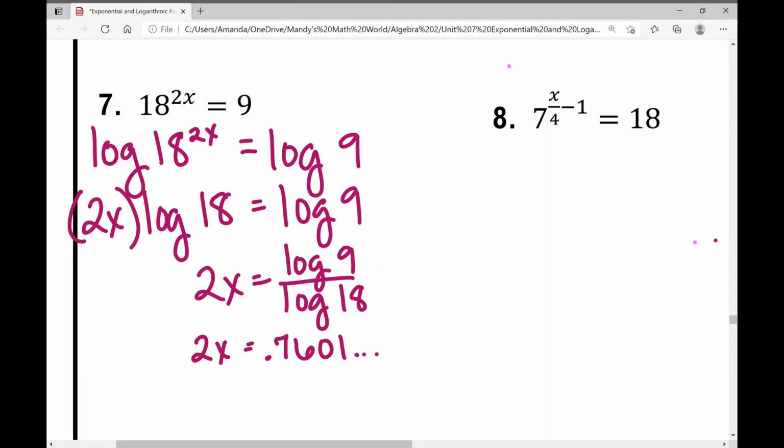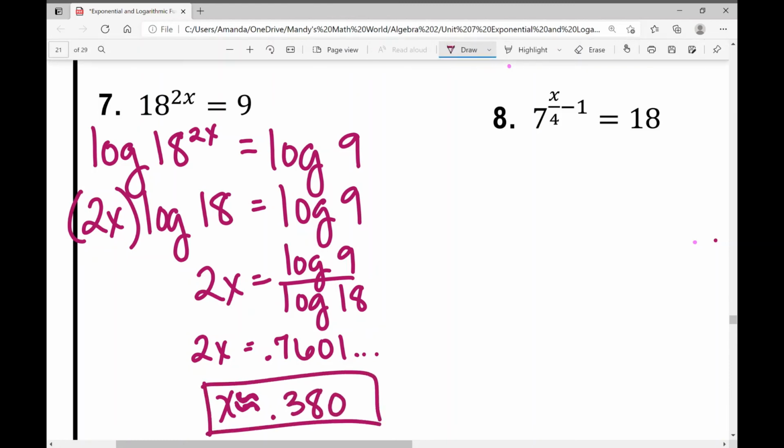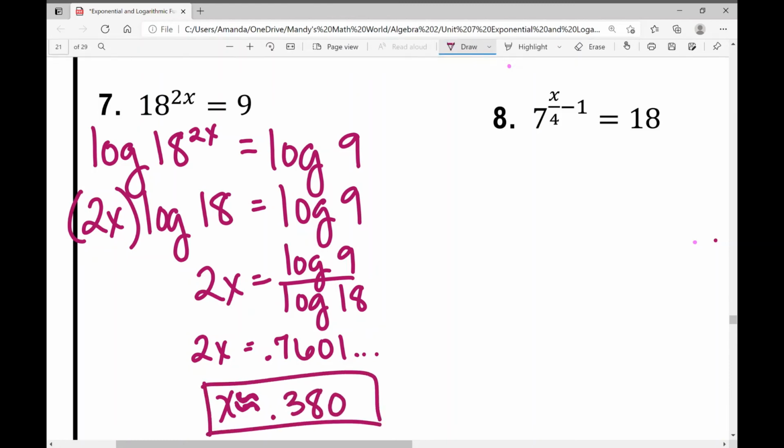Because we're going to divide both sides by 2 to get x all by itself. Oh, that should not be x equals because we are going to round. It's x is approximately 0.7601... divided by 2, which is approximately 0.380. Let's move on to problem number 8.